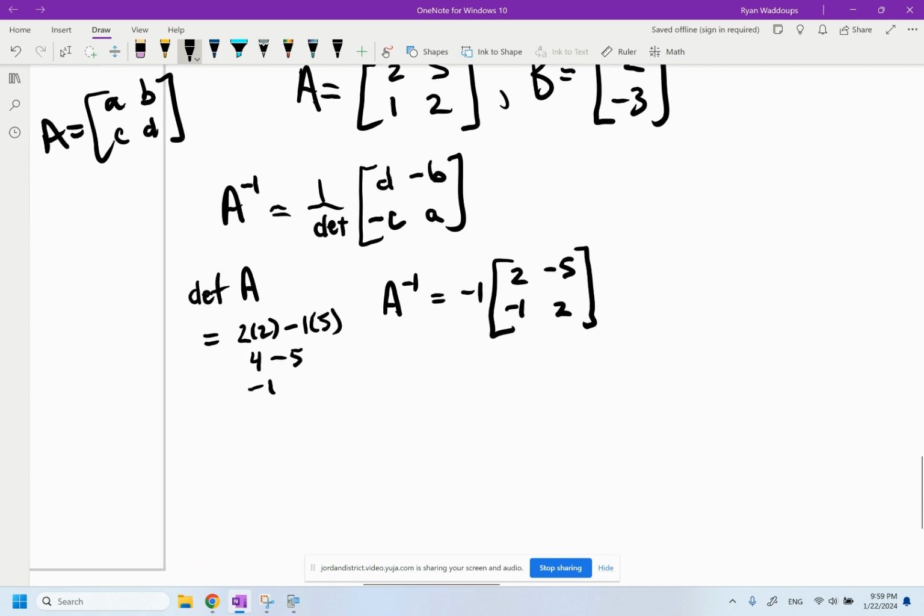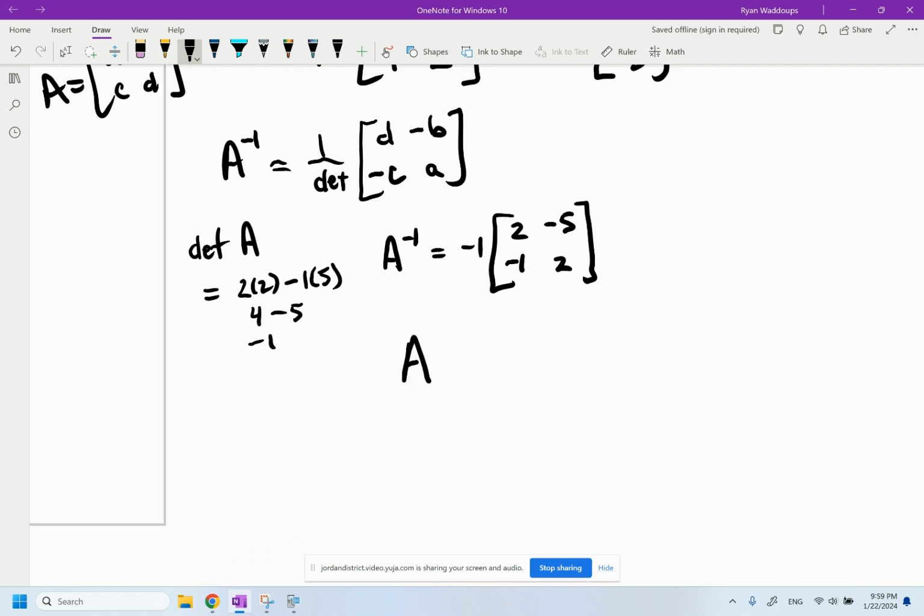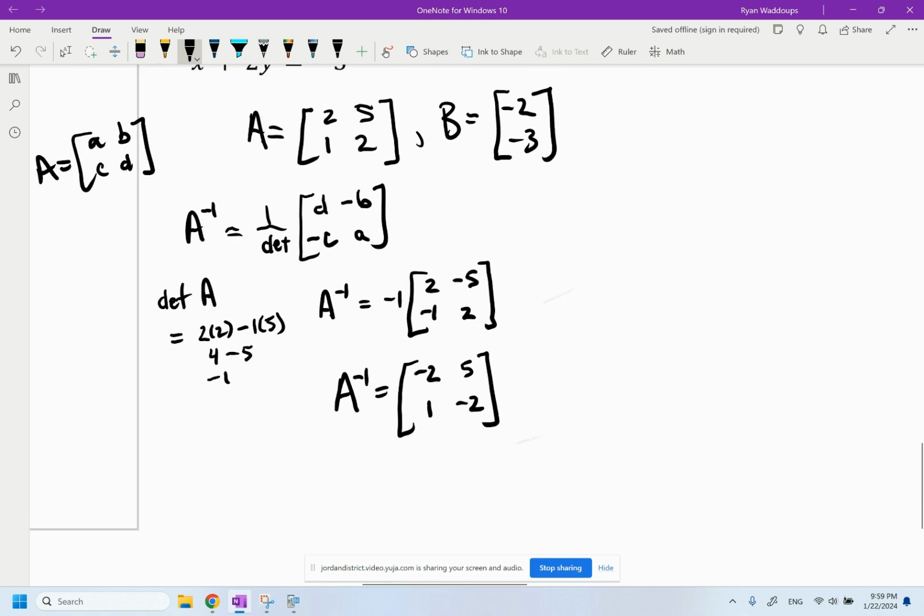Now we multiply out the scalar -1 times that. -1 times 2 is -2. -1 times -1 is a +1. -1 times -5 is a +5. And then -1 times 2 is -2. And so that's our inverse.